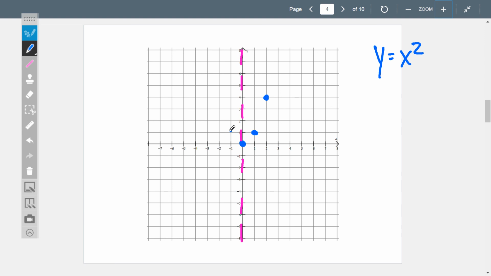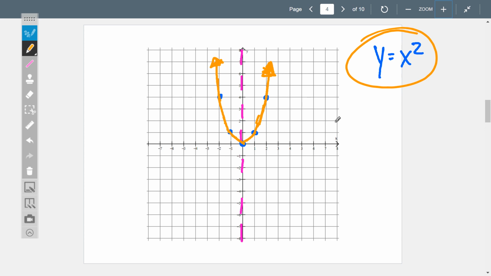We had negative 1, 1, and negative 2, 4. So this is the most basic quadratic function without any transformations applied to it, the graph y equals x squared. Okay, I really should have done this one first because it's the most basic one. I just didn't think about it when I started the video, but I'll probably do it first in class.